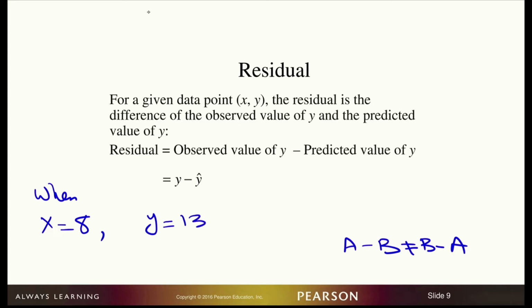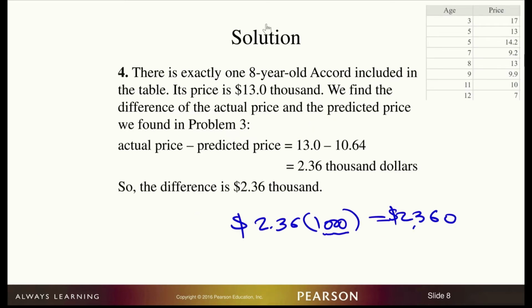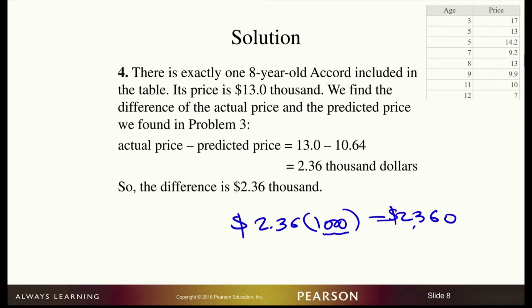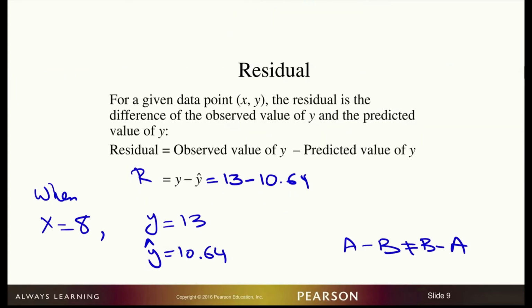The model gave us, let's take a look again, 10.64 thousand of dollars, right? So now that's going to be our y hat. So that's why the residual here will be y minus y hat, which is 13 minus 10.64, which we found on our previous page to be 2.36, right?